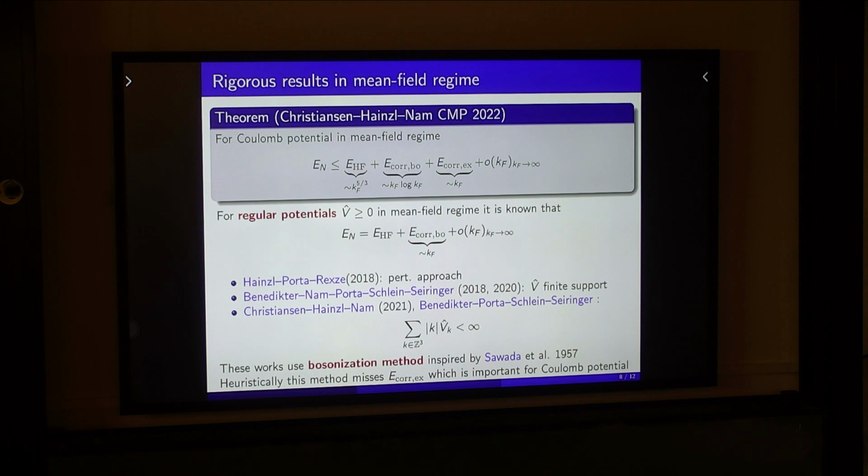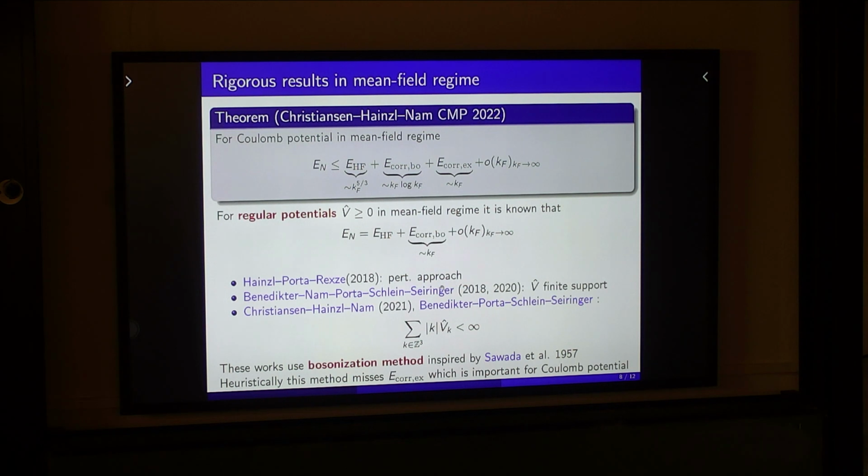But the first non-perturbative approach, using this idea of Zavada, was given by Niels, Marcello, Benjamin and Robert, and Nam in two papers in 2018 and 2020.